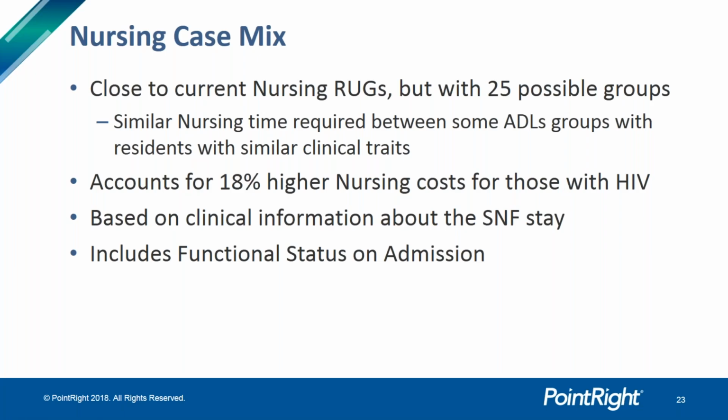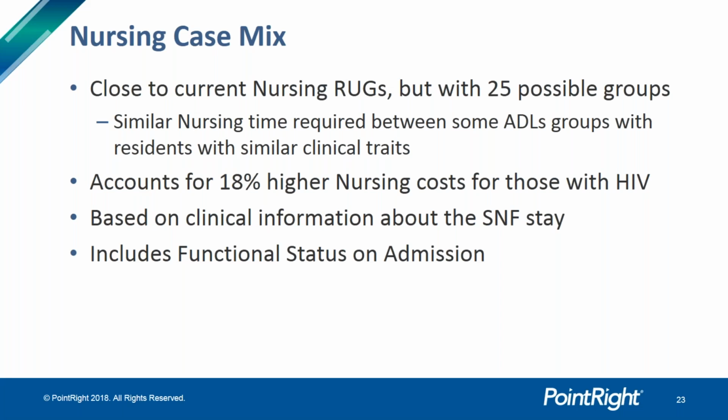Moving into the nursing RUGs, so similar. They'll look very familiar when you look at them, the breakout of the nursing groups, the case mix groups. They're very similar to the current nursing RUGs, but they have been reduced. They're down to 25 possible groups.